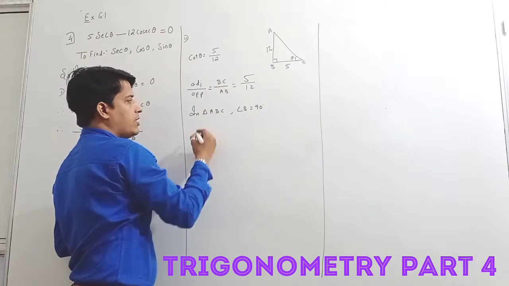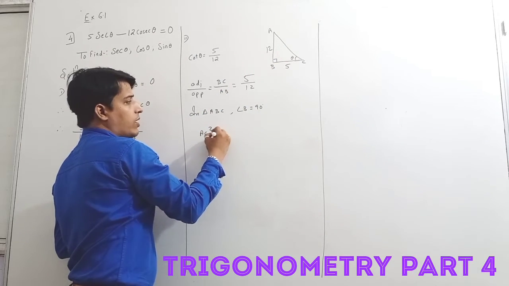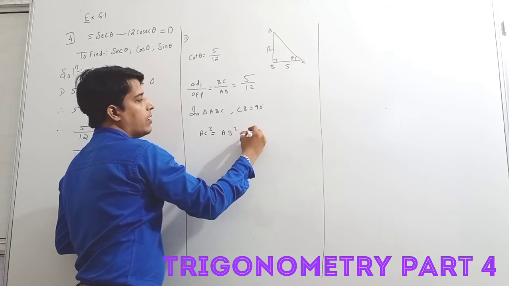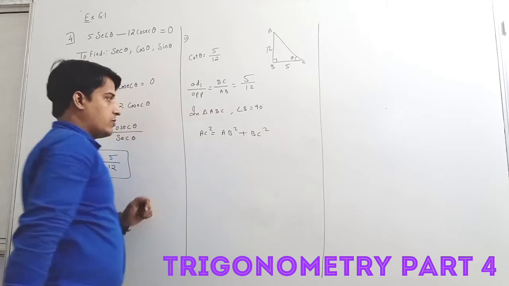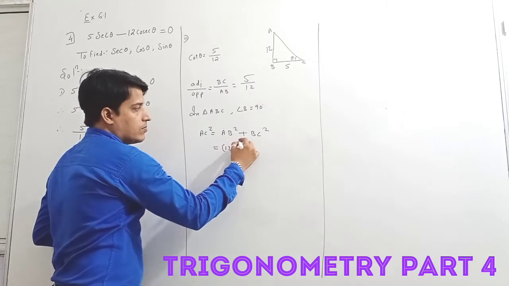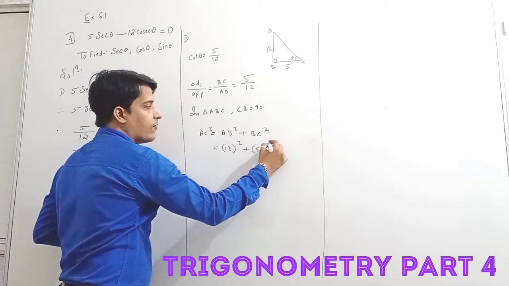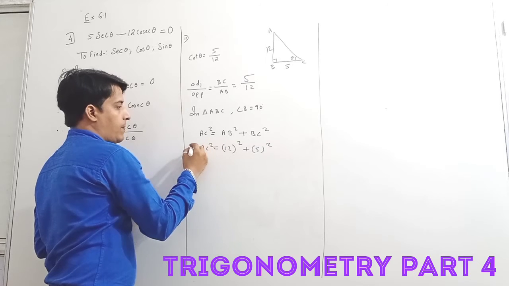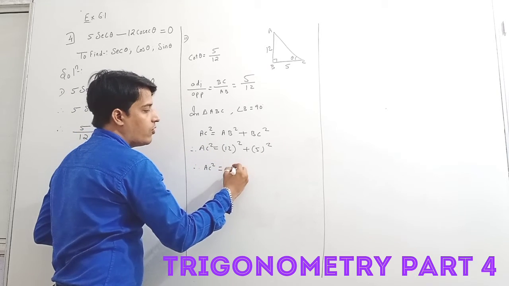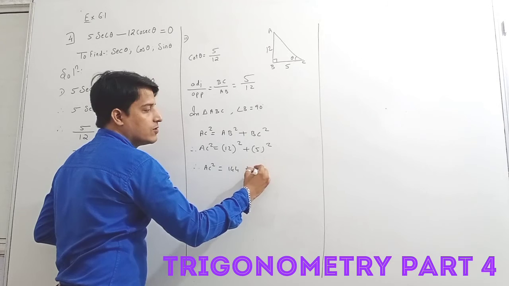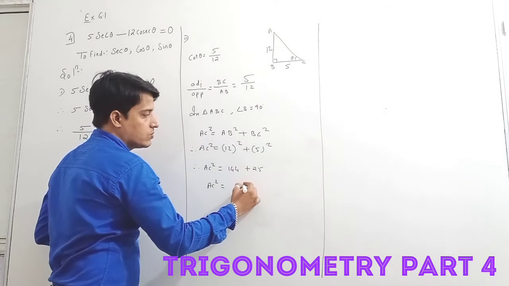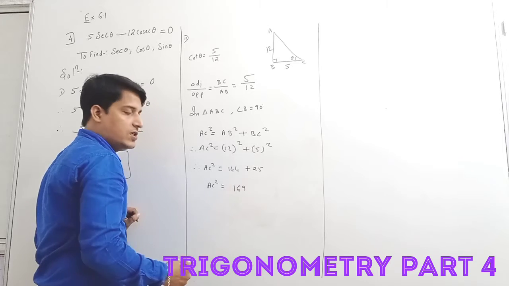According to Pythagoras theorem, AC square equals AB square plus BC square. AB is 12 whereas BC is 5. Therefore, AC square comes to 144 plus 25, so AC square equals 169.